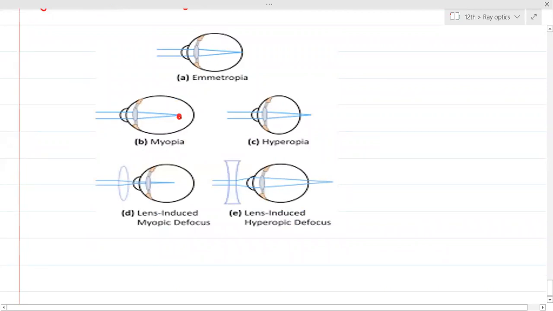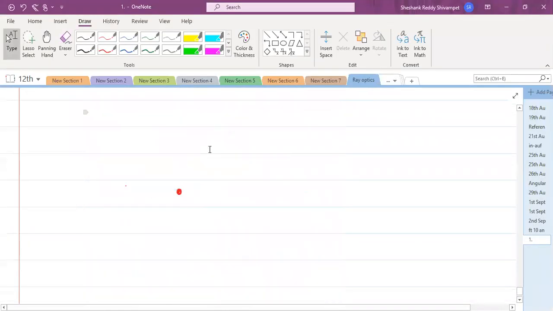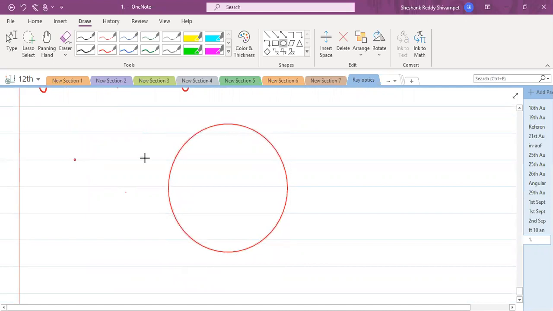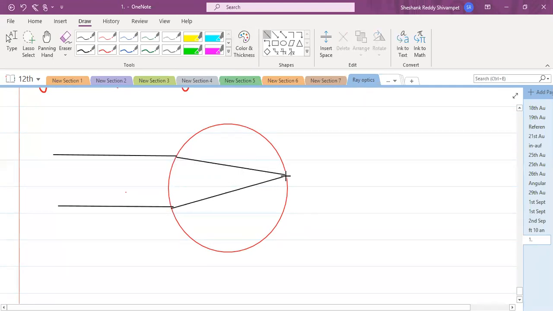In front of the retina, the rays are converging more. Ideally speaking, if this is the eye, and there are these two rays, those two rays should converge on to the retina. But in case of myopia, the image is formed in front of the retina, it is converging more.